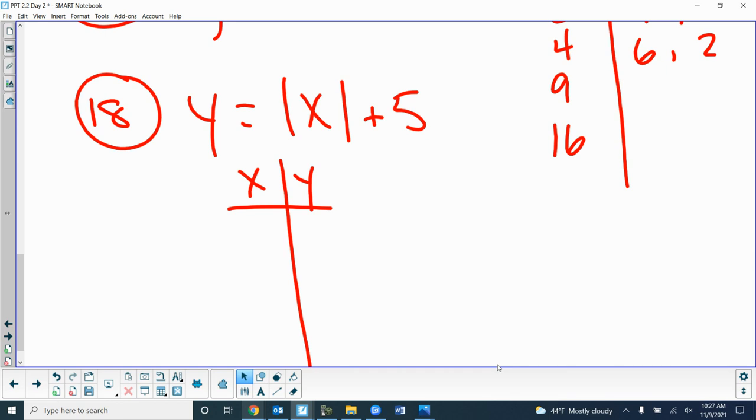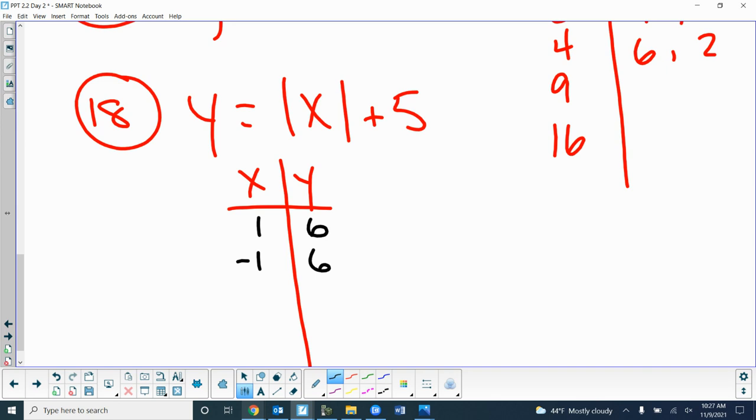When I put the absolute value of 1, I get 1, plus 5, I get 6, right? If I put negative 1 in for X and add 5, I get 6. Is it okay that 1 and negative 1 have the same line? No. Yeah. Oh, no, that's a negative.